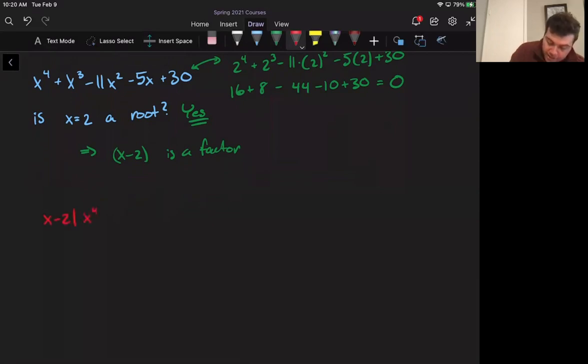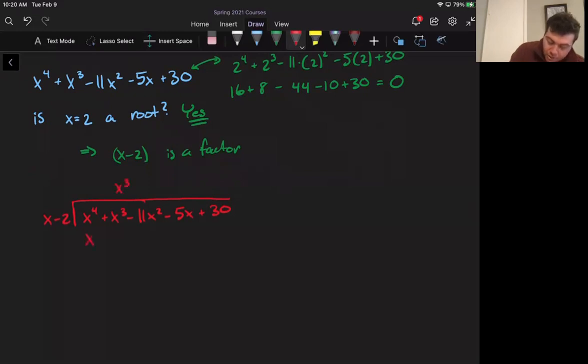So that's x to the 4th plus x cubed minus 11x squared minus 5x plus 30. And then we just start to match what's going on. So we take x, we want to match that to x to the 4th. So we need to multiply that by x cubed.